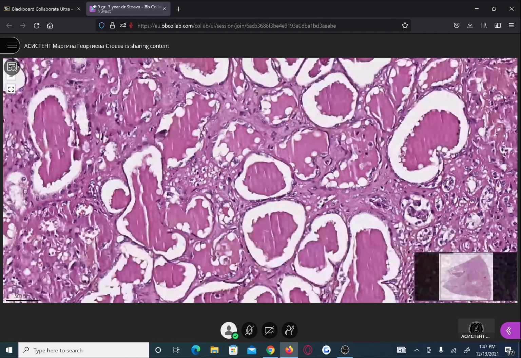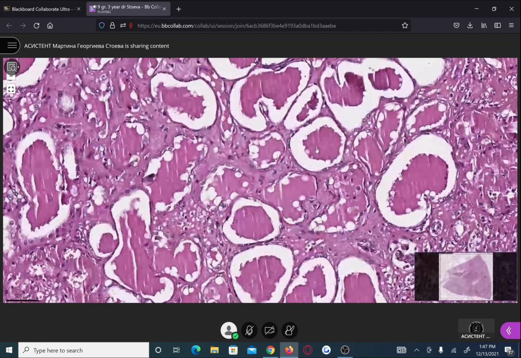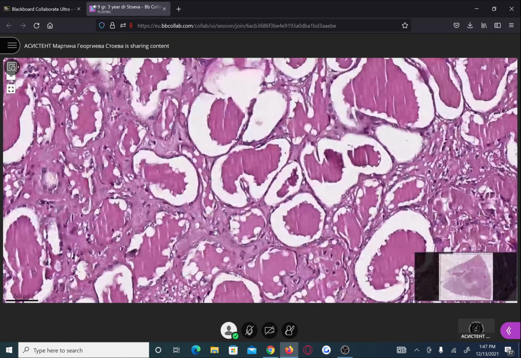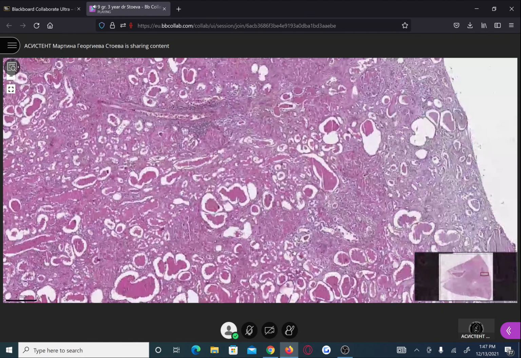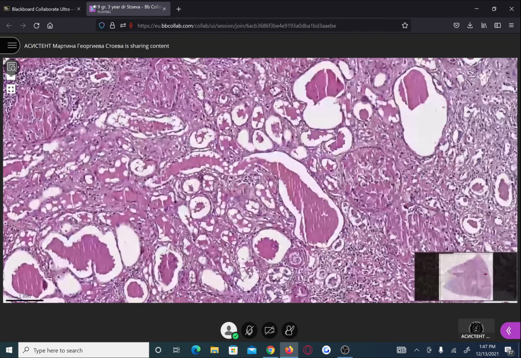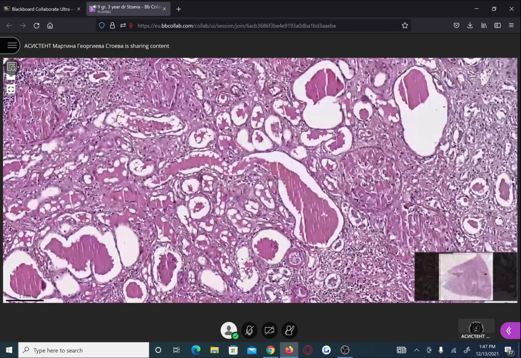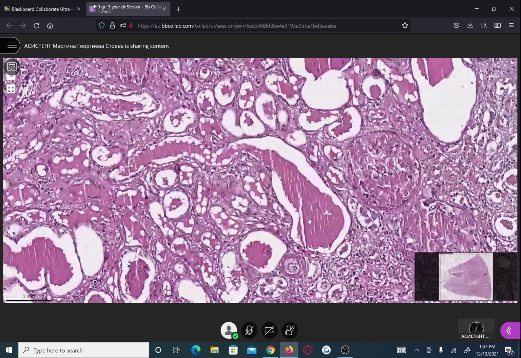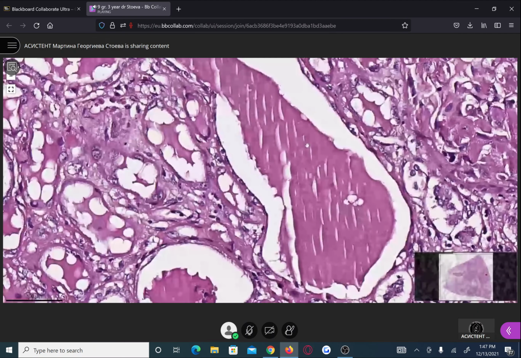This is proteinaceous material from the urine, because usually patients who are affected by amyloidosis, kidney amyloidosis I mean, this is associated also with proteinuria, because the capillaries become more leaky and some proteins from the plasma leave the capillaries into the urine, and we can detect the proteinaceous material in the tubules. But this is not the amyloid.